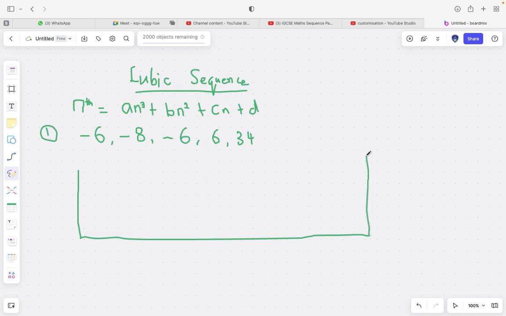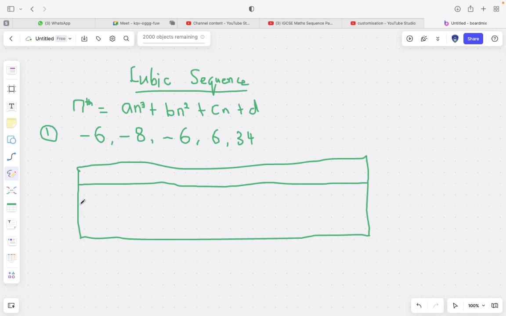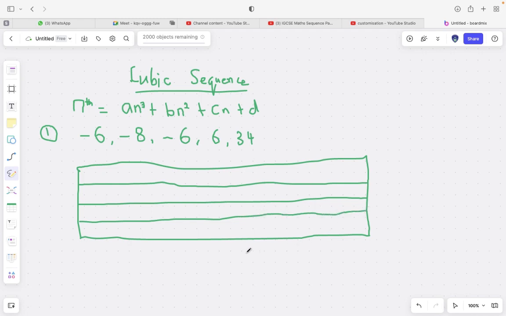We have position, we have term, and then we have first difference, second difference, third difference. We're guessing this will reach up to third level difference.